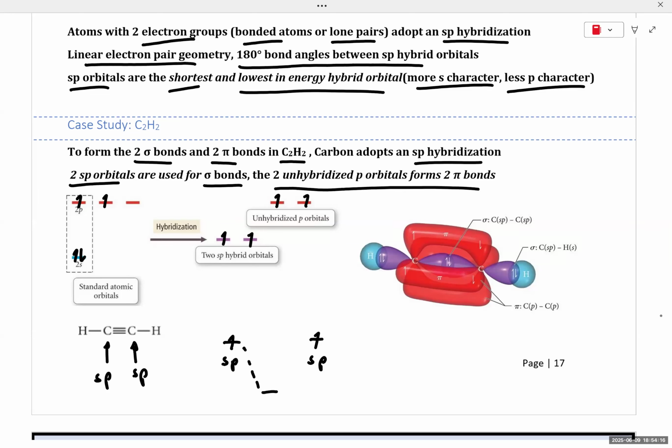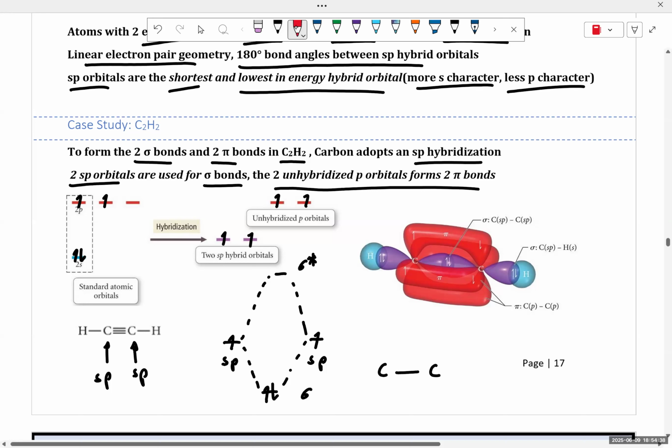These hybrid orbitals can overlap to form the sigma bond and the sigma star antibonding molecular orbitals, respectively. So this is the first single bond connecting our two carbon atoms.